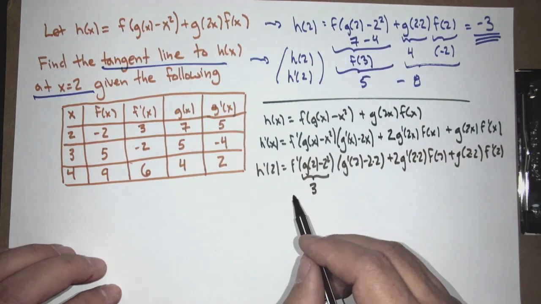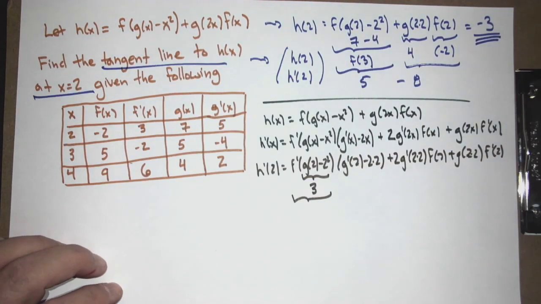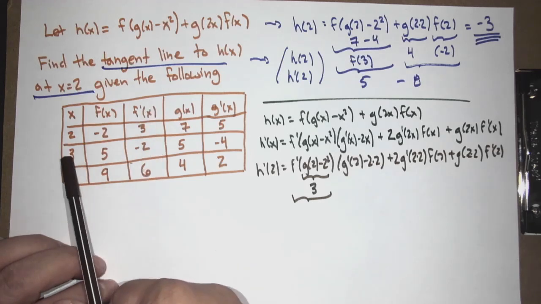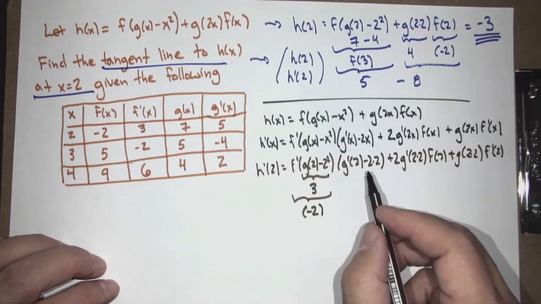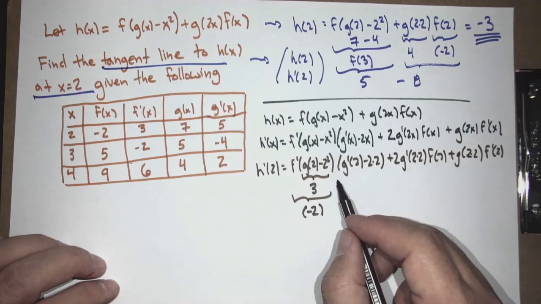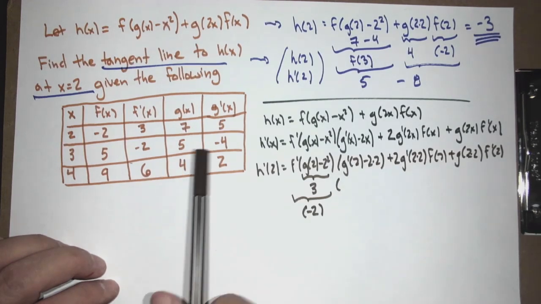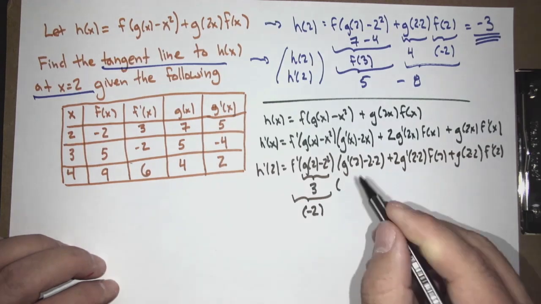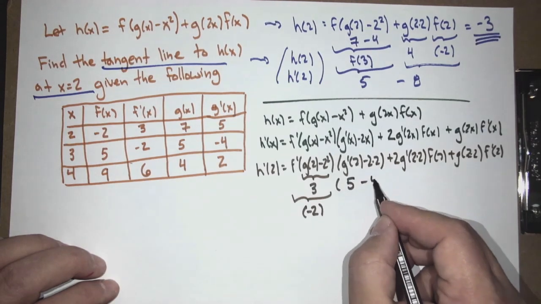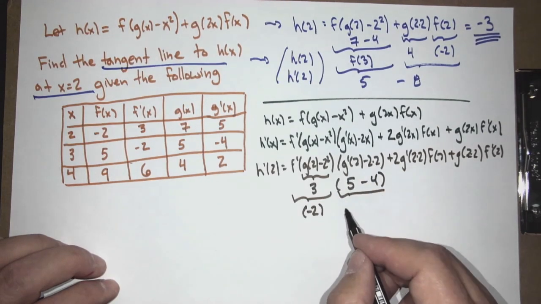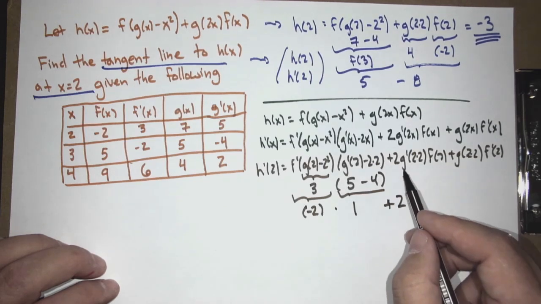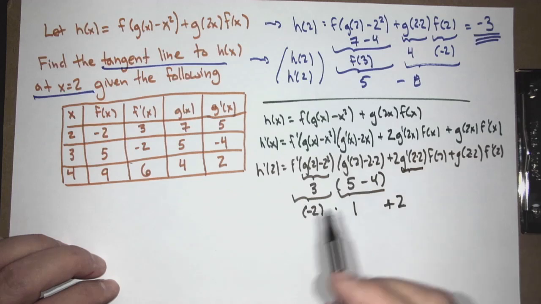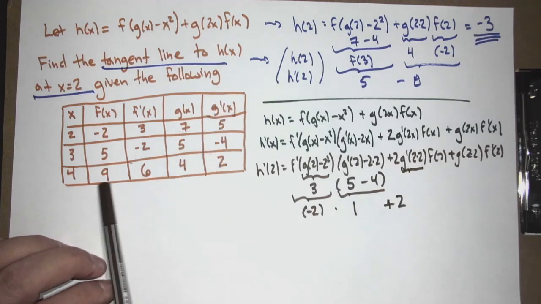Do we know what f prime of 3 is? f prime of 3 is negative 2. How about g prime of 2? Do we know that? g prime of 2? 5. 5 minus 4, also known as 1. Okay, plus, we have a 2. This term is g prime of 4. g prime of 4? 2.